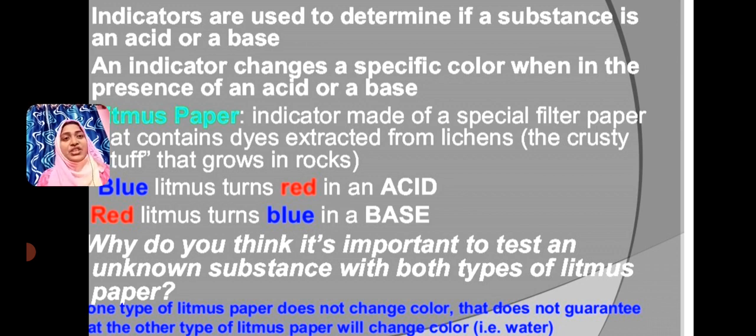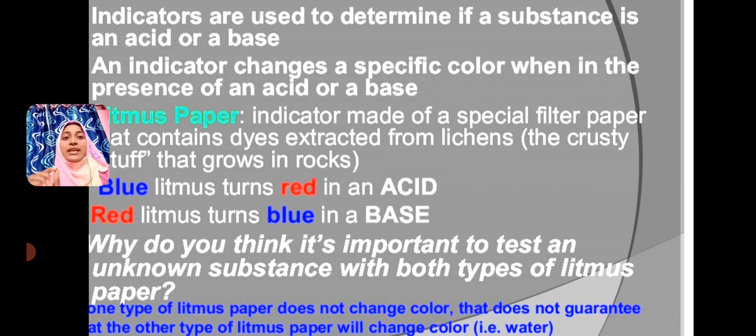An indicator changes to a specific color when it is present in an acid or a base. For example, litmus paper. You might have come across litmus paper. There are two types of litmus paper, which you studied in your school days: red litmus paper and blue litmus paper.